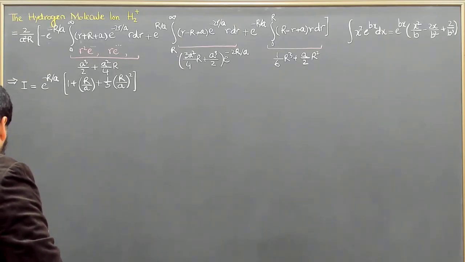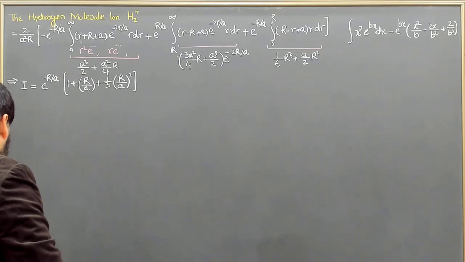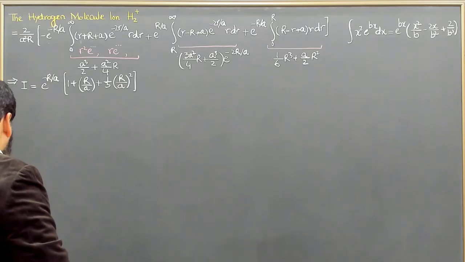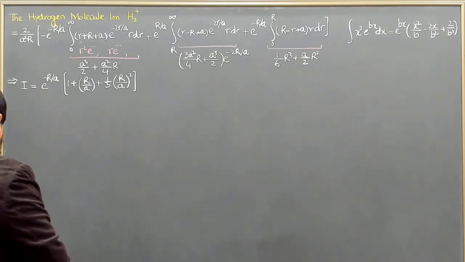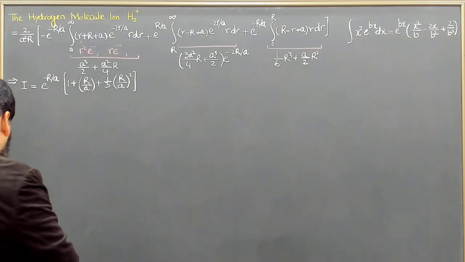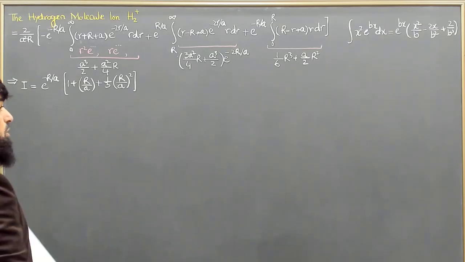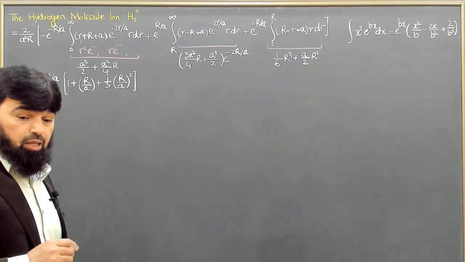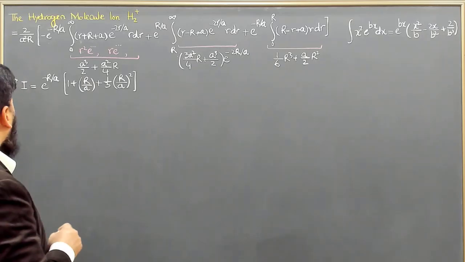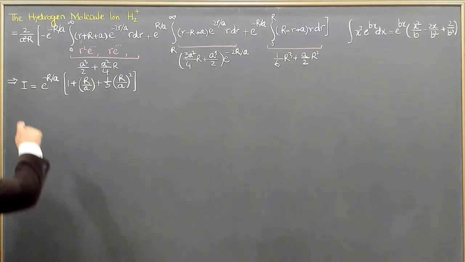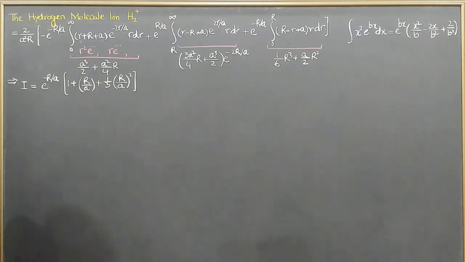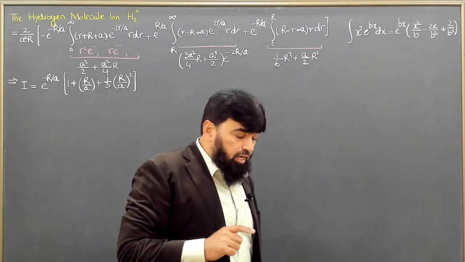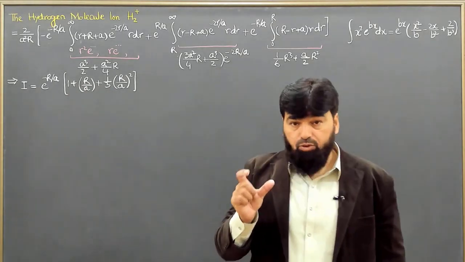Okay, and now if we put this integral back into the original integral, which was our first equation, equation number 1, then we will have, now recall a little bit what this thing was. This integral was the overlapping integral in which psi naught r1 and psi naught r2 were interacting with each other.